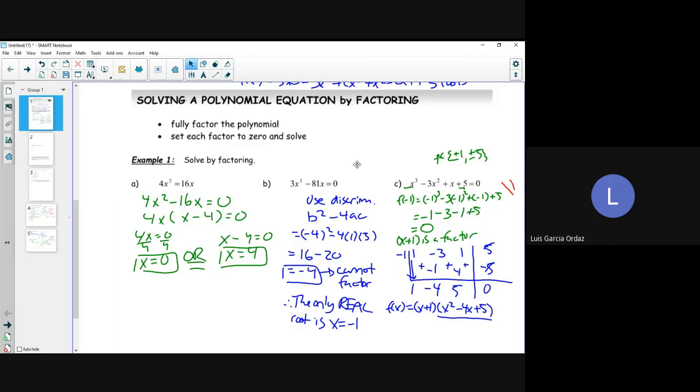How do you know it's -1? Because we used the factor theorem. So why is that the only one? Because we have a -4 as a discriminant, so you can't have a negative square root. So this is going to be the only x-intercept that the graph is going to pass through. If 4 was positive, then we would factor this even more.